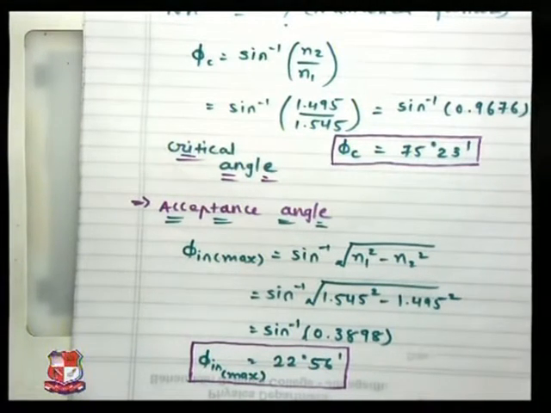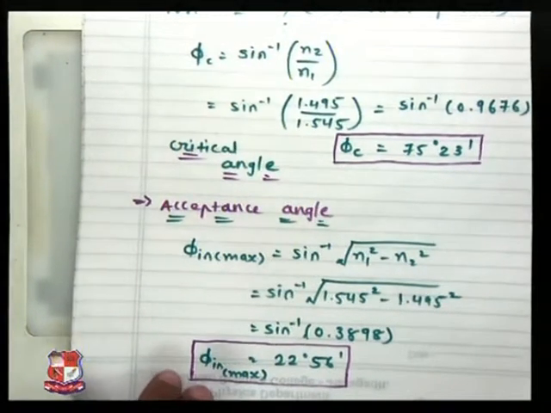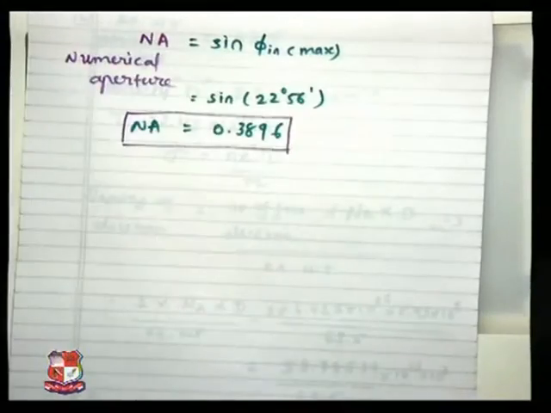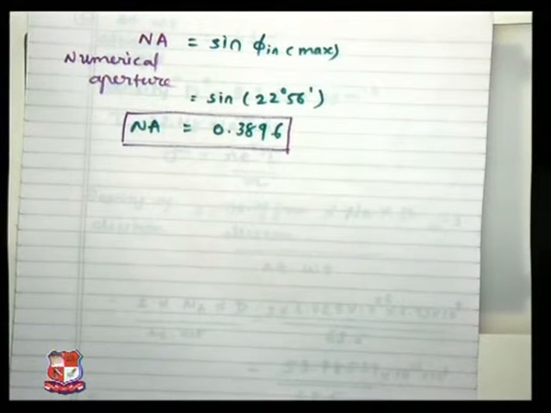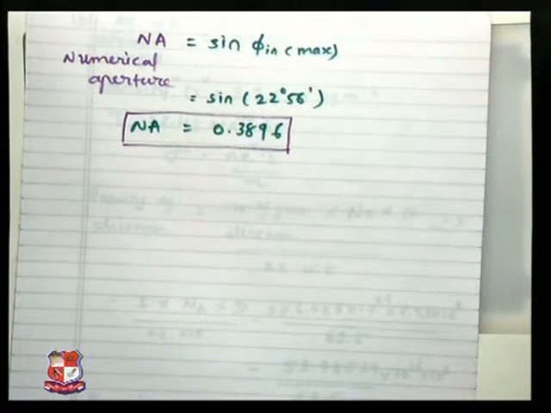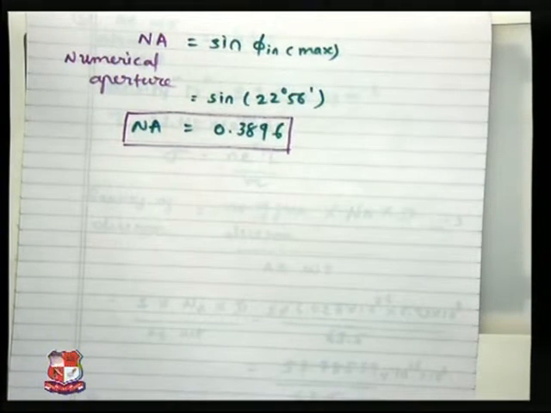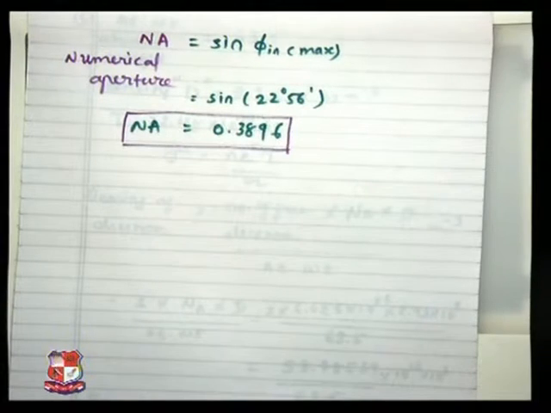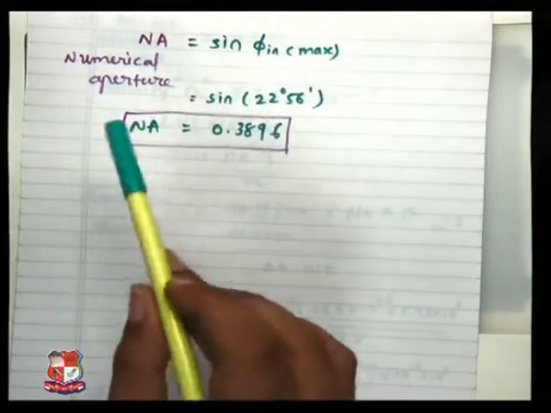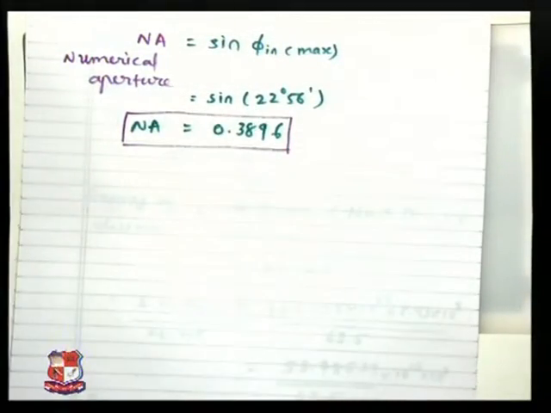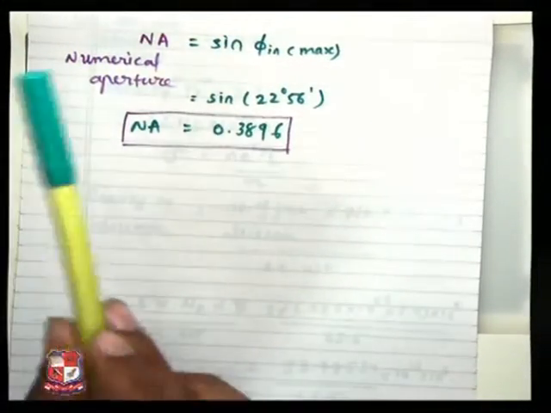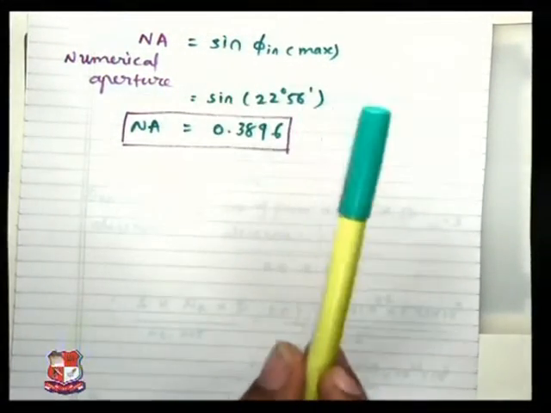With that, let us calculate the numerical aperture. Here, numerical aperture is actually the figure of merit which describes the maximum angle, that is numerical aperture is equal to sine phi in maximum. That means this is also a maximum angle, hence numerical aperture will be equal to sine phi in maximum.